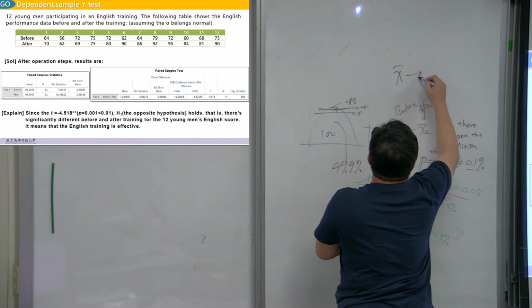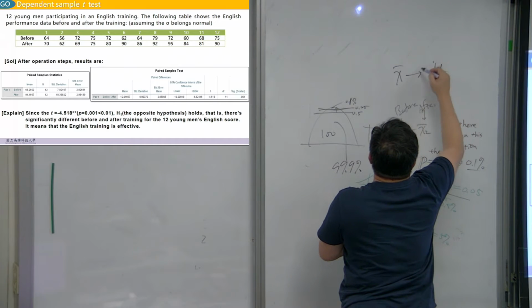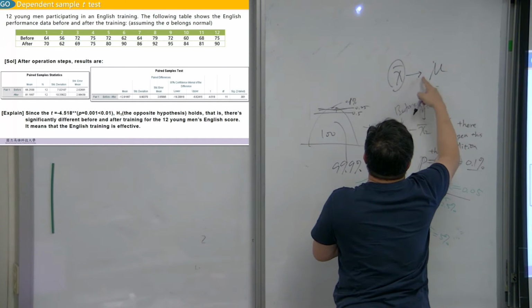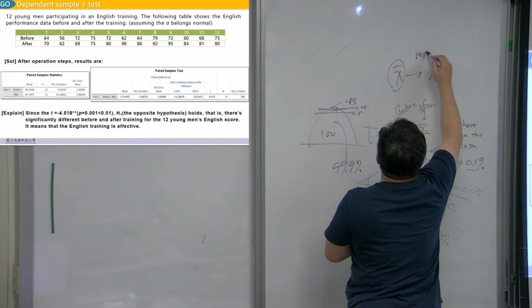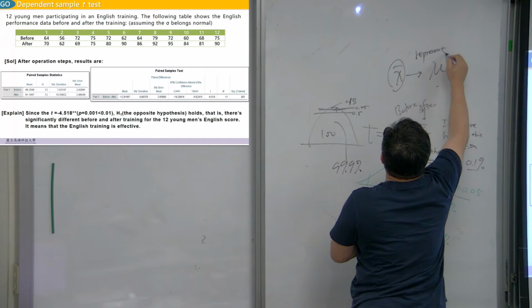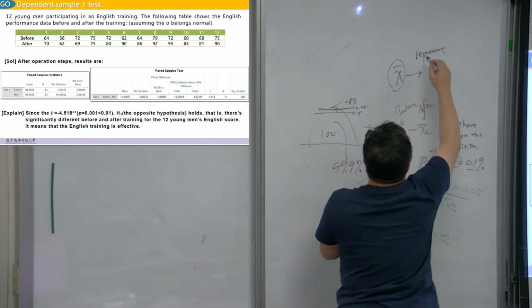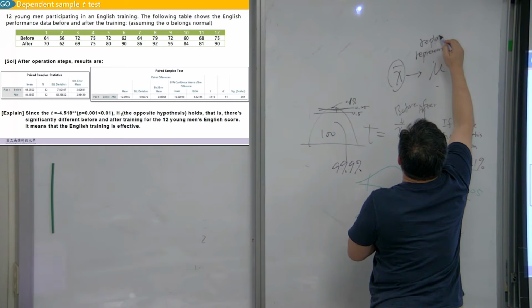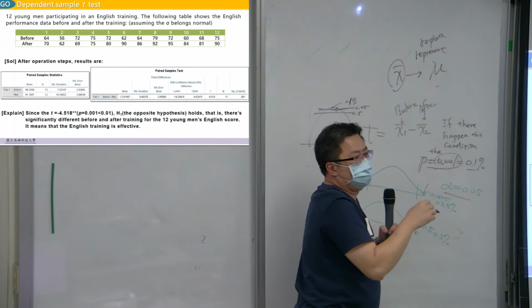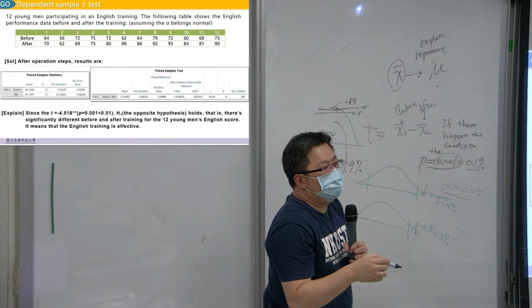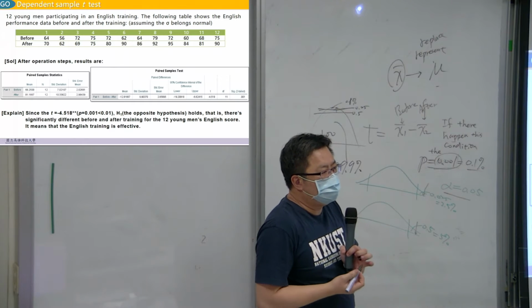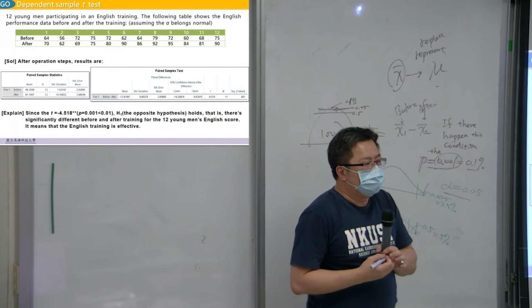We can use the result to infer the population. It can represent it, it can replace it. No problem. Make sure, very sure, no problem. Okay?